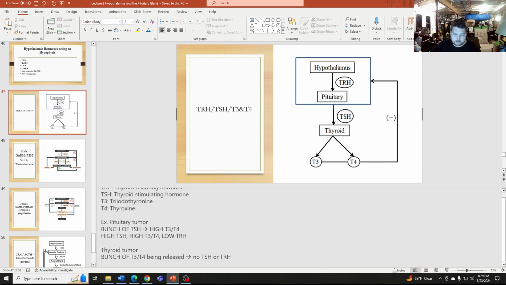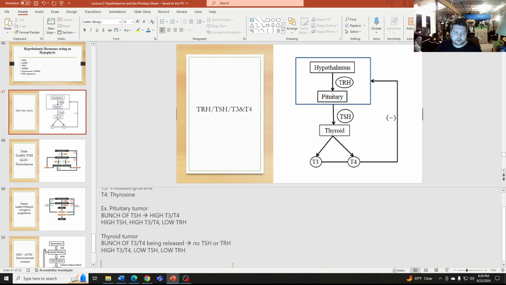So we look at the lab values: high T3, T4, low TSH, low TRH. We say, okay, this is what we can identify, if there's a thyroid issue, this is where the issue is. If there's a pituitary tumor, then this is what the lab values should look like.